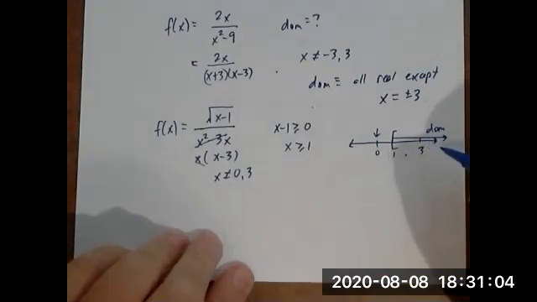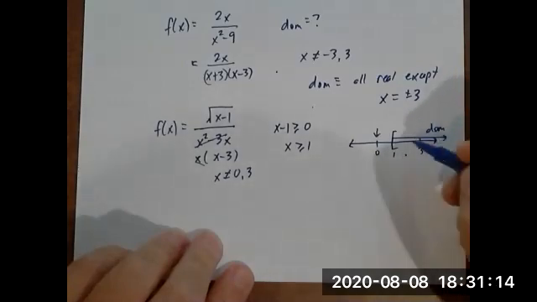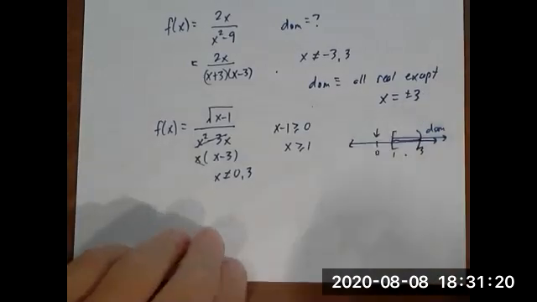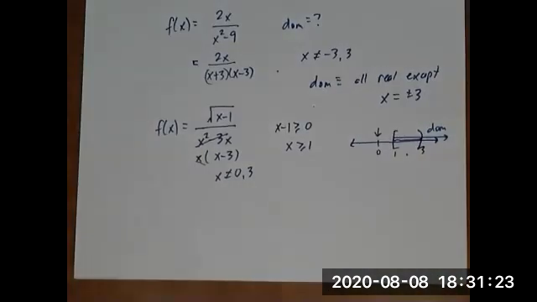So we have a problem with one number, 3. It's almost like we've got this whole domain and I just need to somehow eliminate 3, and everything else is fine. The way I'm going to do that graphically is I'm going to go up to 3, and I'm going to stop. Put a parenthesis there, which means it does not include the 3.